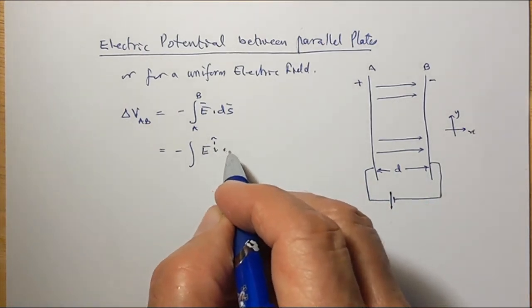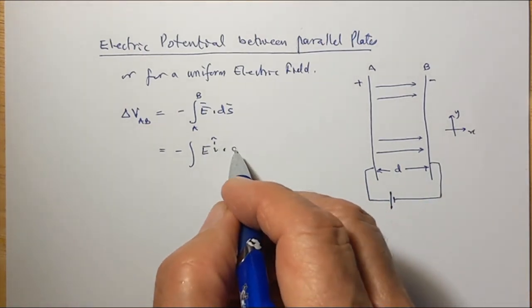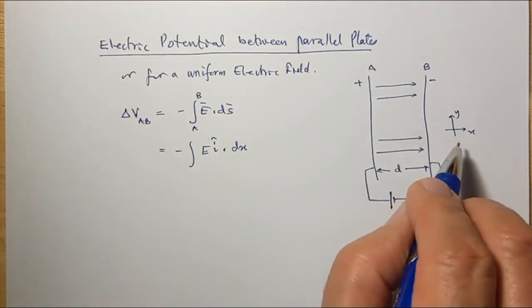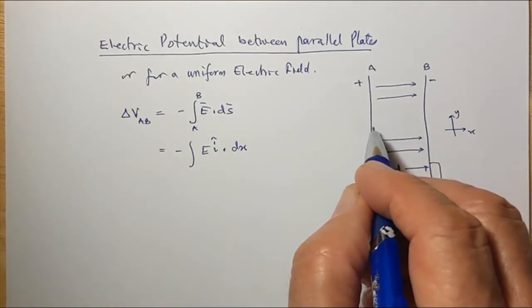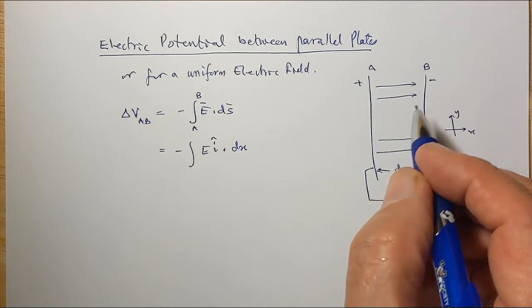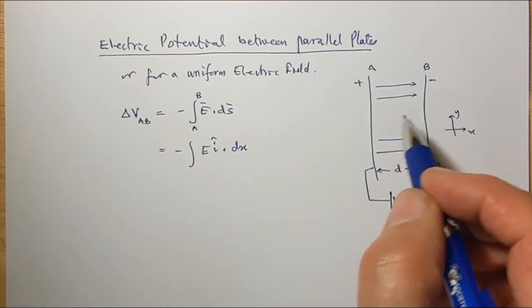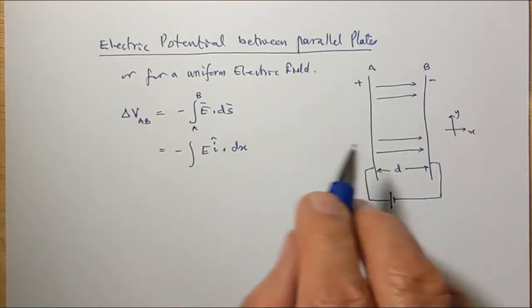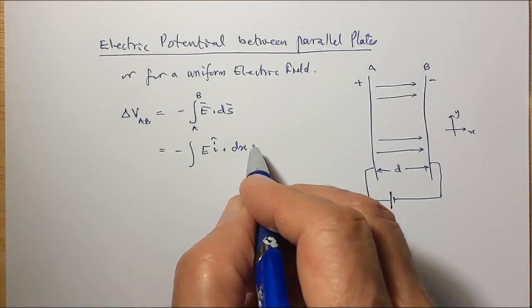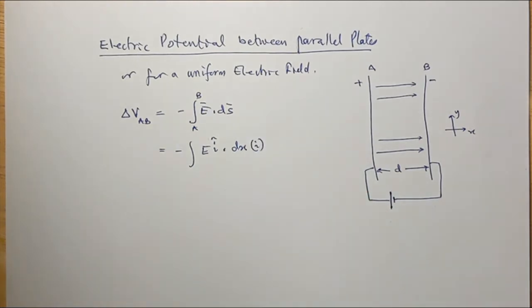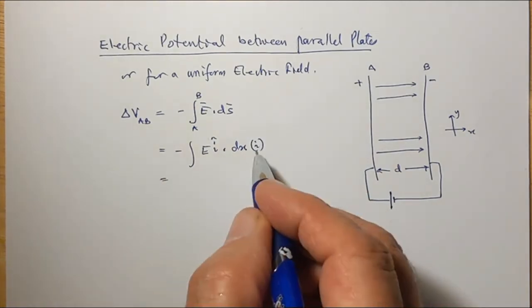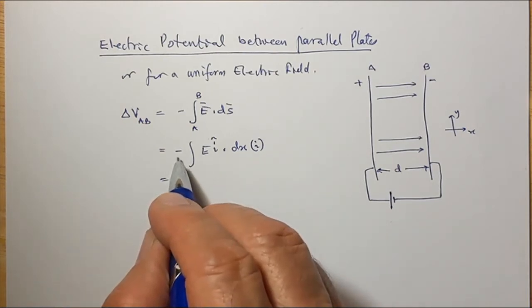And dot ds, which is going to be dx, is also in the i direction, because we want to find the potential difference between A and B, so we're going from A towards B. So i dot i is simply 1, and we have a negative here.